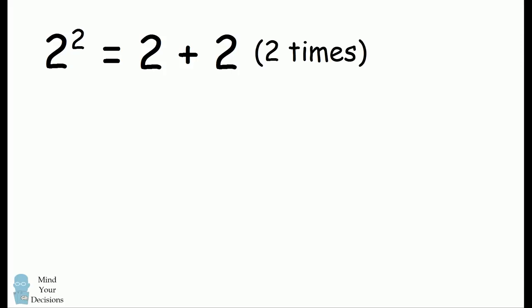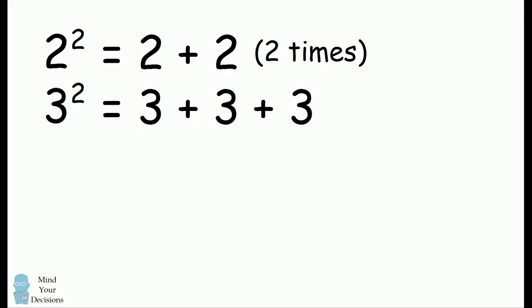We'll start out the proof by noticing that 2 squared is equal to 2 plus 2, or we're adding 2 to itself for a total of 2 times. This pattern is true for other numbers. When we have 3 squared, that's the same as adding 3 to itself for a total of 3 times.